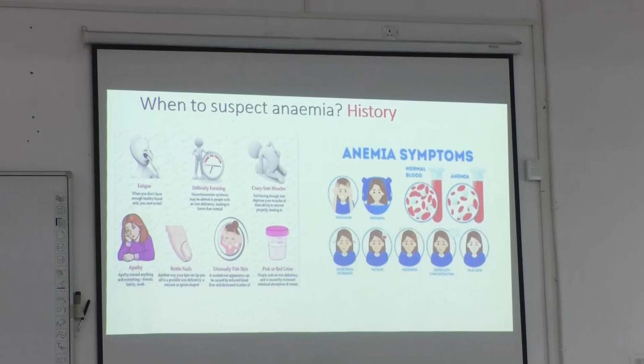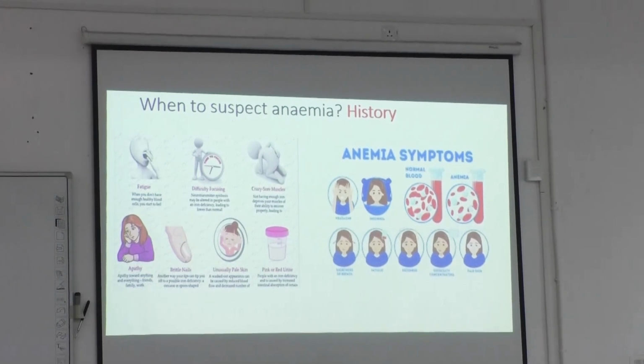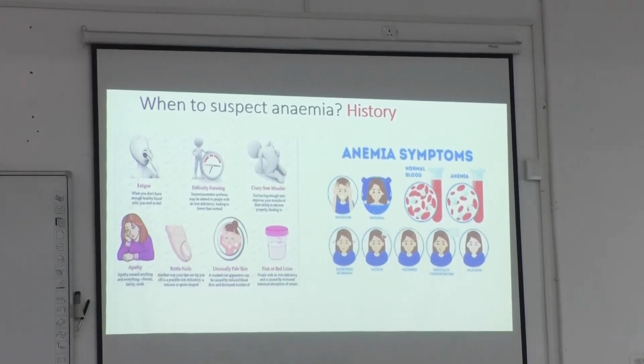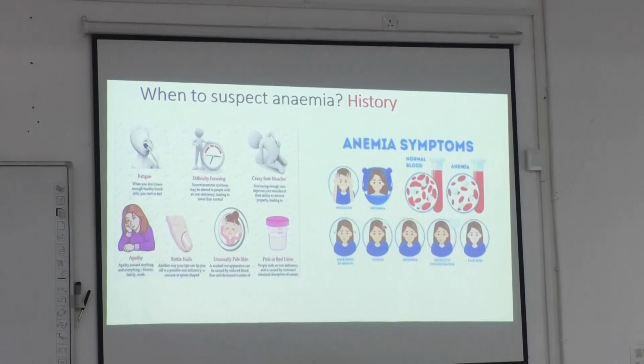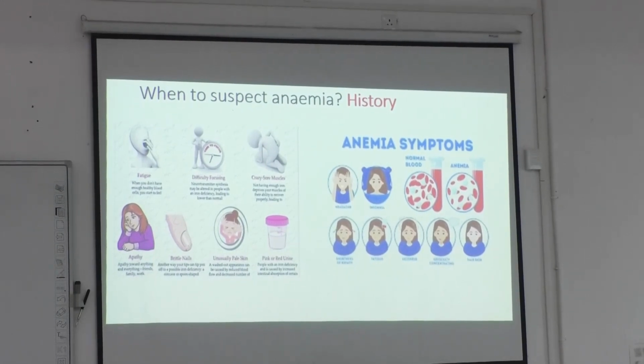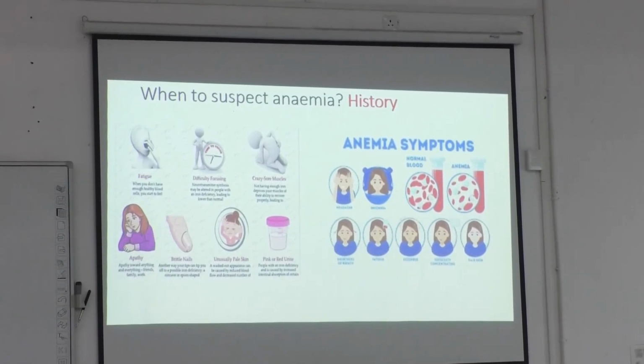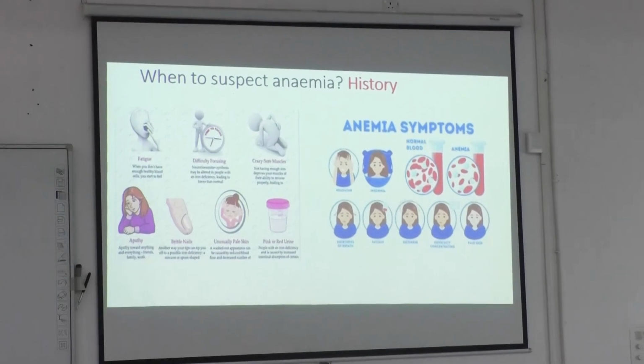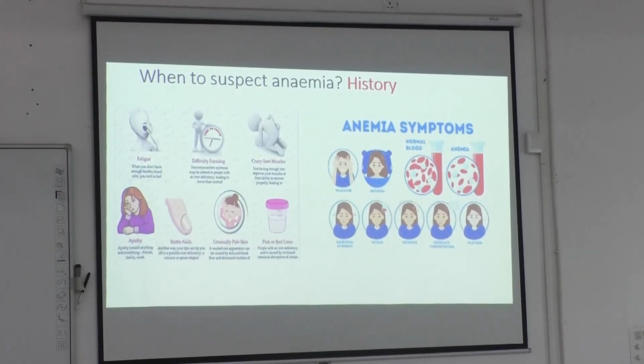So how do we approach a case of anemia? What is our standard format? One is that the parents will come, either mother, father or caregiver, and they will put some complaint in front of you. That you present as, what do we call that? It is a history. That is known as history.